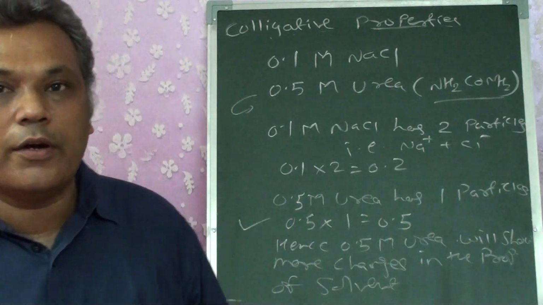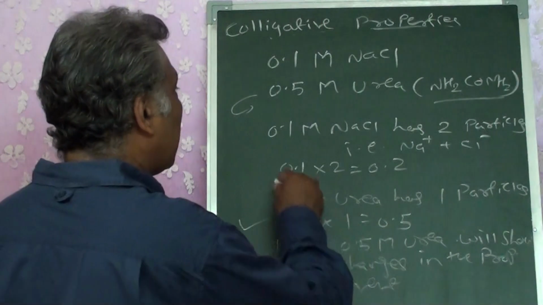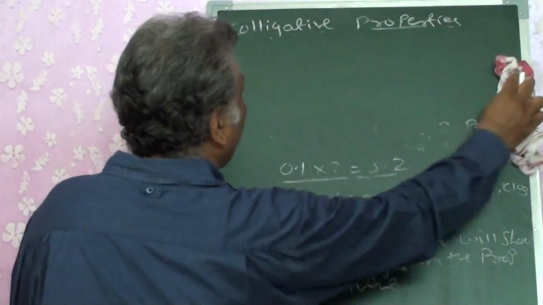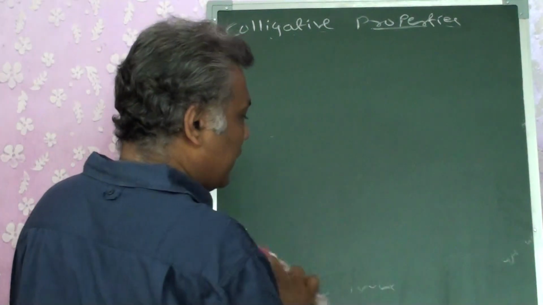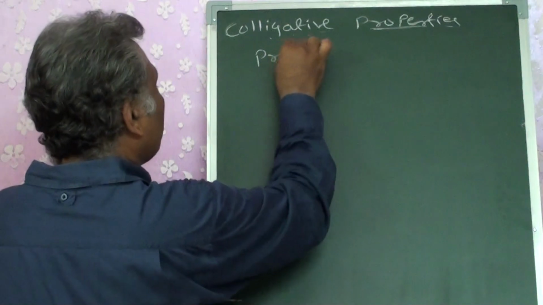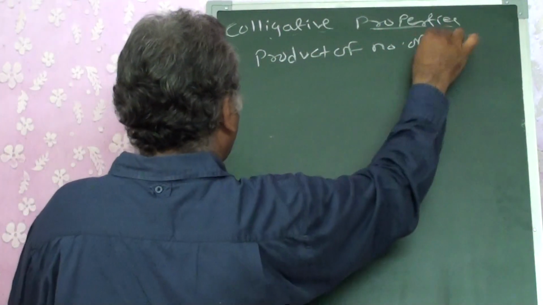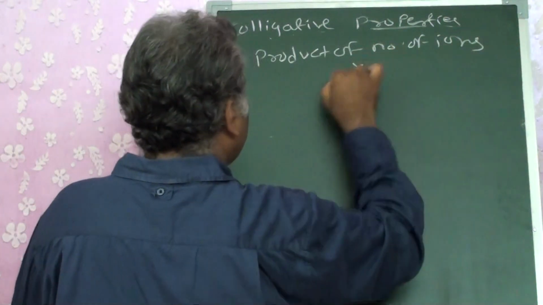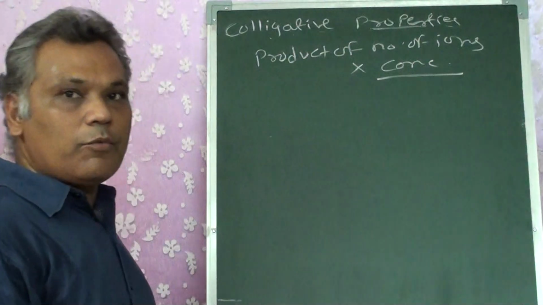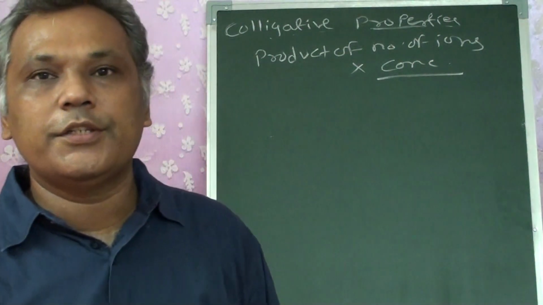To identify the change in the colligative property, we need the product of the number of ions and concentration. The greater the number of ions into concentration, the greater the product, and the greater the change in the colligative property.